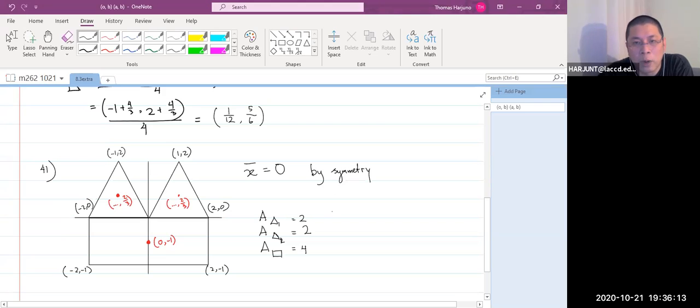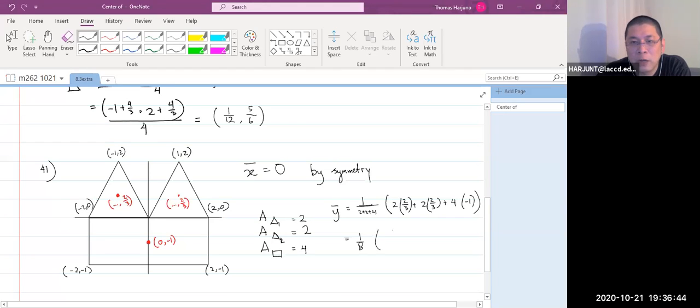So the y bar will be 1 over 2 plus 2 plus 4, that's the total mass, multiplied by the first triangle's y bar plus the second triangle's y bar plus 4 times the y bar of the rectangle.